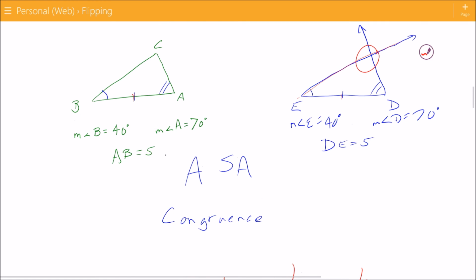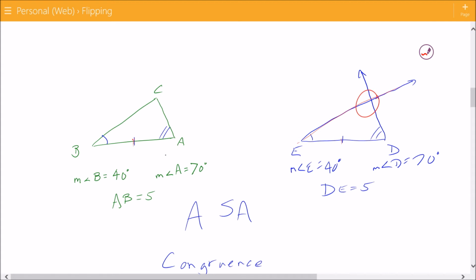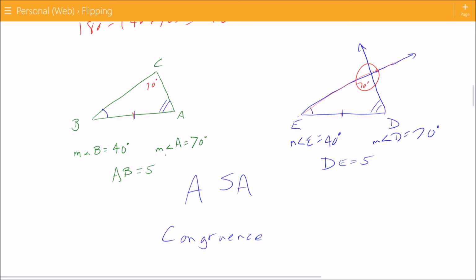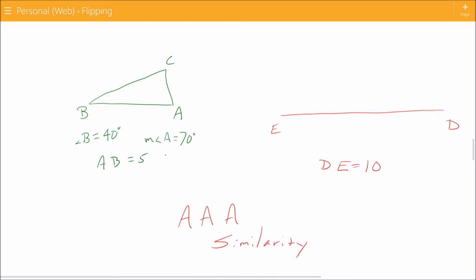So if this is 40, that's 70, this angle has to be 180 minus 40 plus 70, which would equal another 70 degrees. So this right there has got to be 70 degrees, because that's the amount that would make all of the internal angles add up to 180. So this is why that angle side angle works.